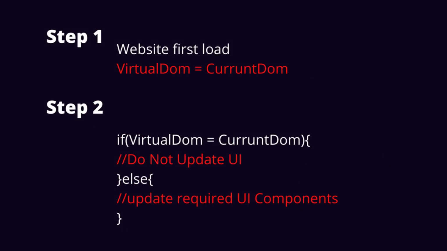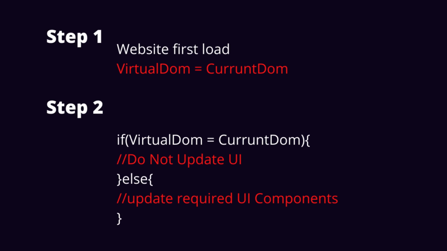Now let's understand how the virtual DOM works. Whenever we load a website for the first time, the virtual DOM saves that state inside a virtual variable. That's what we call the virtual DOM. As soon as we update anything inside the website, ReactJS compares that recent update with the virtual DOM, and whichever elements require an update, only those get updated while the rest of the UI remains untouched.